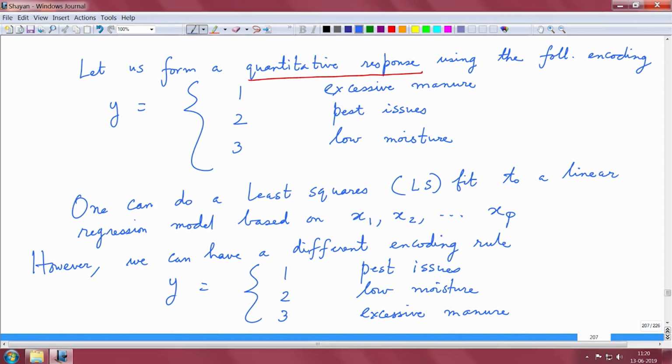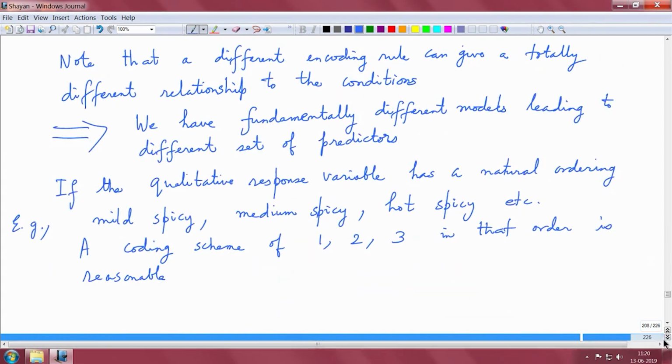So, what is the purpose of having these different encoding rules? Different encoding rules can give totally different relationships to the conditions. This is very important, which means we can have fundamentally different models leading to a different set of predictors.